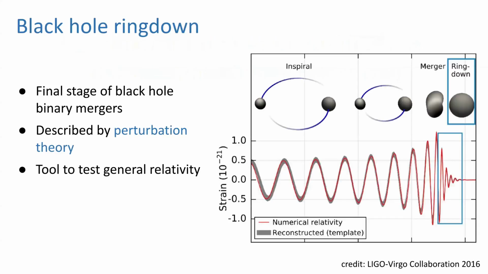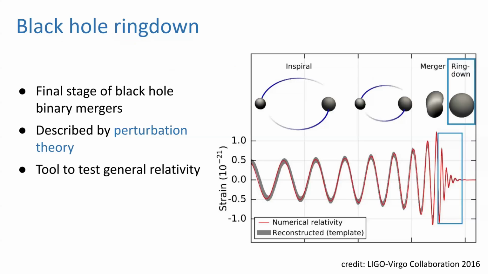Okay, so just an introduction. I don't know how familiar you are with black hole ringdown. Why this is interesting for observational purposes: with gravitational waves, ringdown describes the last stage of the black hole binary merger.